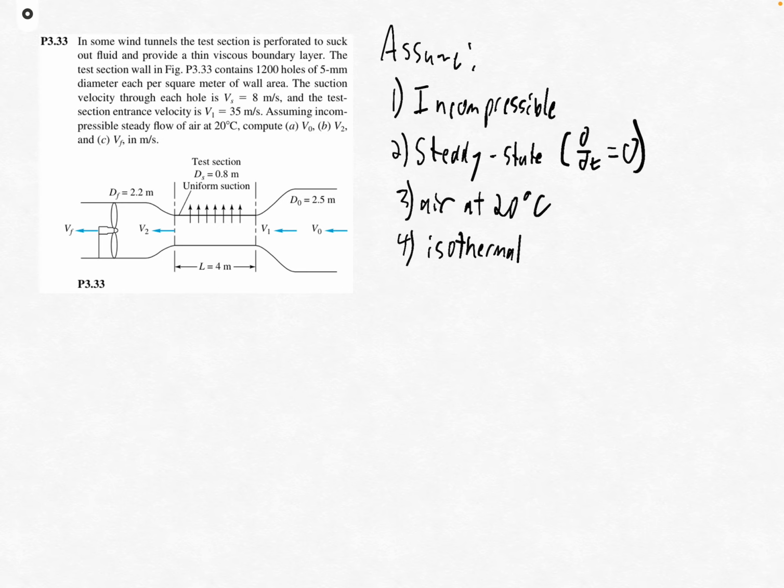But essentially, because we have steady state flow that's incompressible, we're also going to assume that we have one-dimensional inlets and outlets.